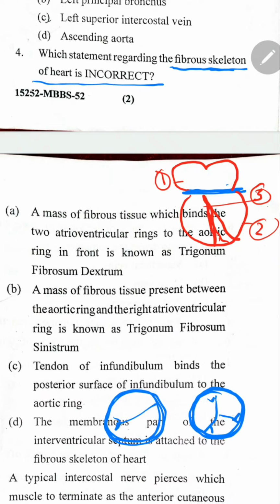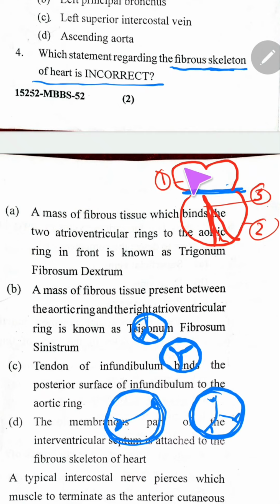And this is the bicuspid or mitral valve on the left side. And anterior to that is the aortic valve, which has 3 cusps like this. And anterior to that is the pulmonary trunk, with the pulmonary walls.